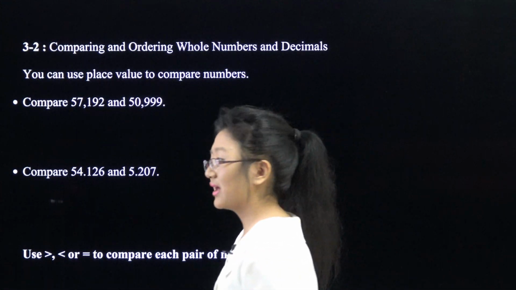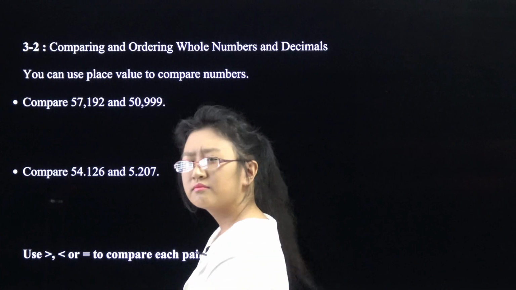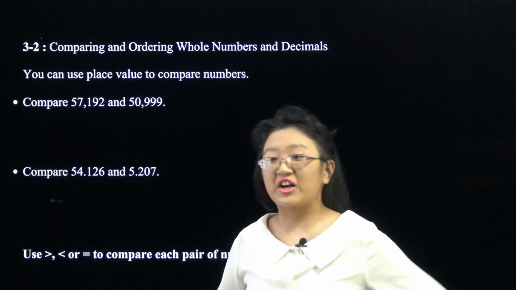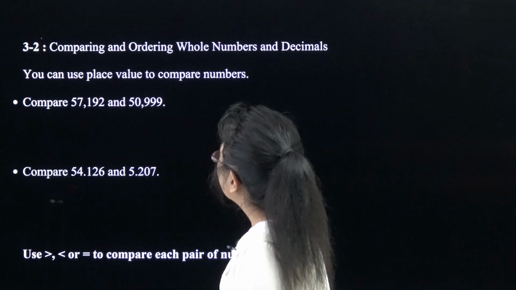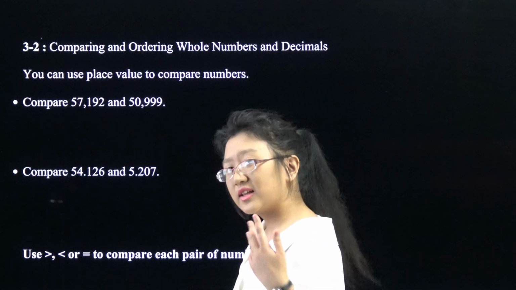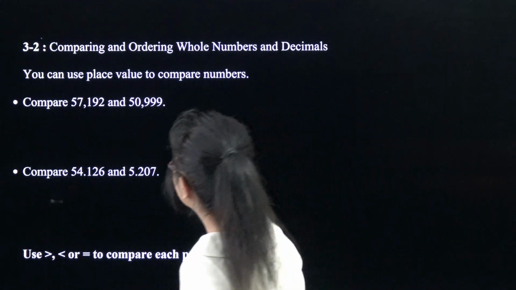Remember comparing numbers? We did that in the first chapter of grade 4. Well, now we're going to shove some decimals in there. So remember how we compared numbers in grade 4? Well, we technically used place value, but it was more of a leftmost digit thing.